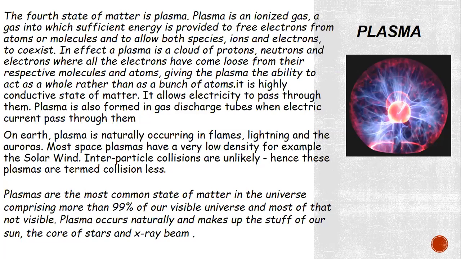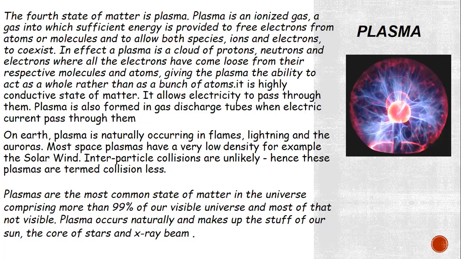Now, plasma is a highly ionized gas into which sufficient energy is provided to free electrons from atoms and molecules. In fact, a plasma is a cloud of protons, neutrons, and electrons. All the electrons have come loose from their respective molecules and atoms, giving plasma the ability to act as a whole rather than a bunch of atoms. It is a very highly conductive state of matter.